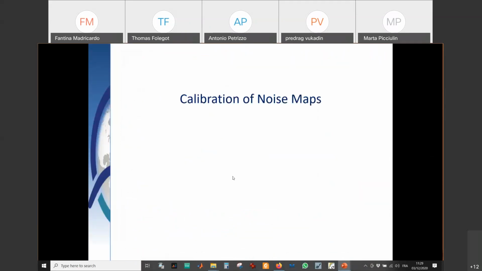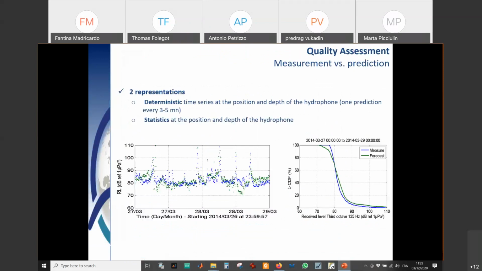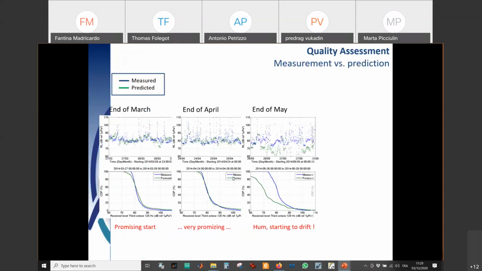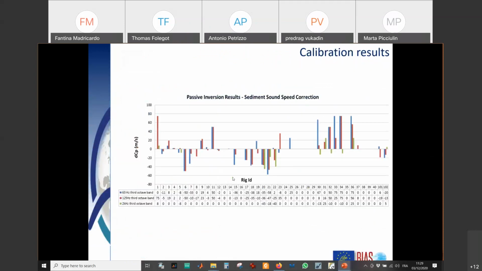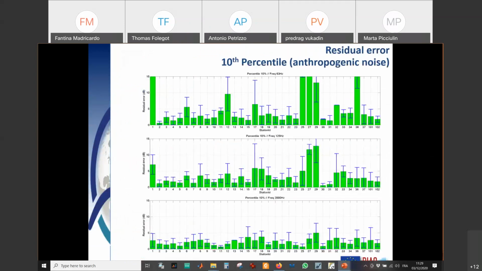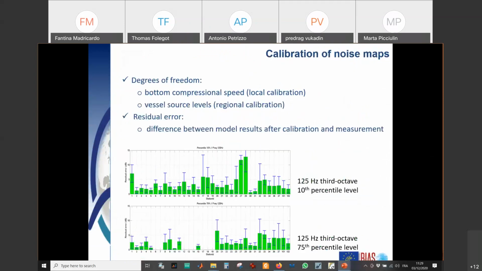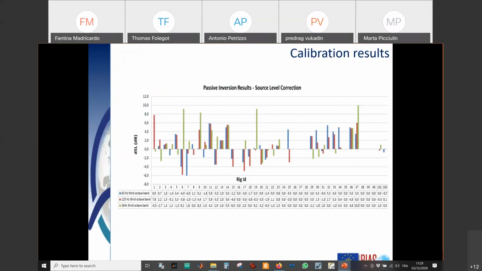This is to reduce the uncertainty we have on the source level. It doesn't solve everything, because for vessels that pass far away but do contribute to the sound field, it doesn't work. But for vessels that pass by very closely, it actually improves the calibration.